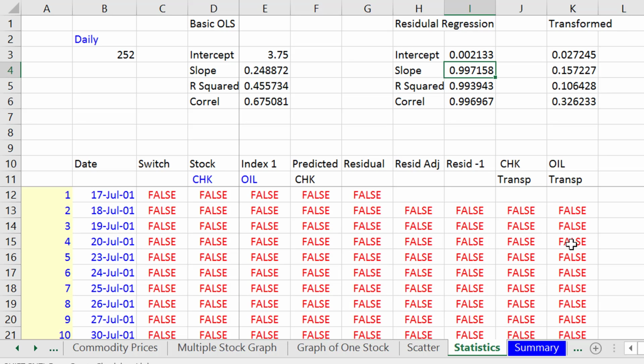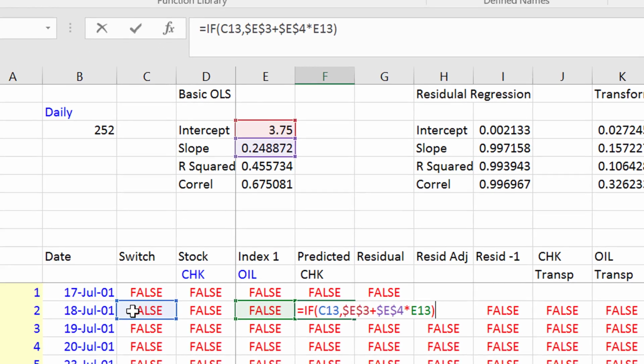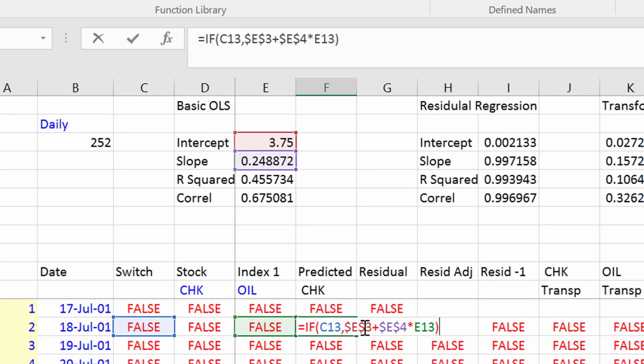And what happens here is when you compute, let's compute first the predicted value. The predicted value just says take this switch, whether it's true or false, and take the intercept and add the slope and multiply it times the independent variable. There you get a predicted value.